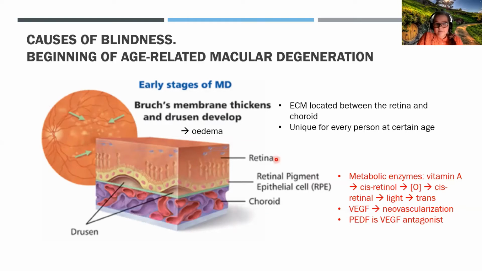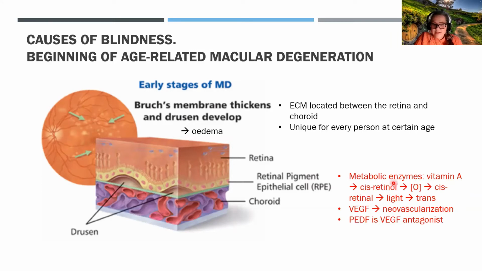Then there is homeostasis in the eye, but in this disorder, this homeostasis is diminished. There is more vascular endothelial growth factor than its antagonist. Therefore, it leads to neovascularization, which is not good in this case.